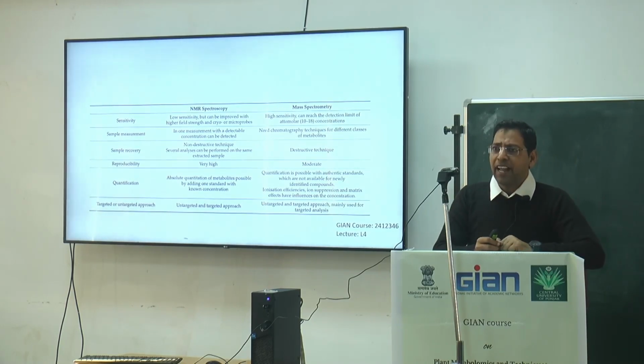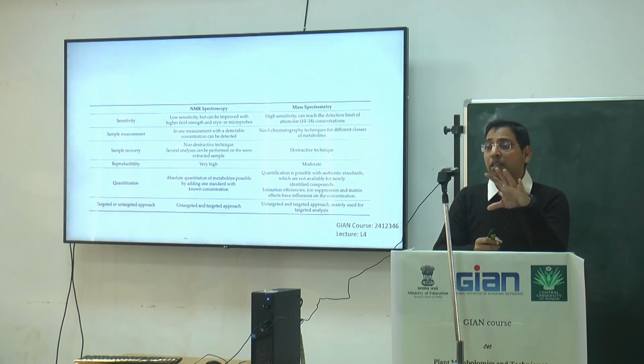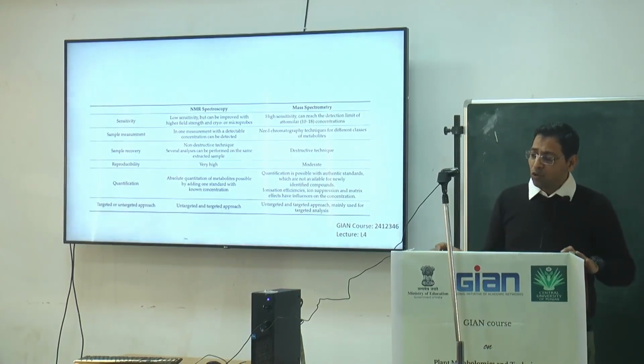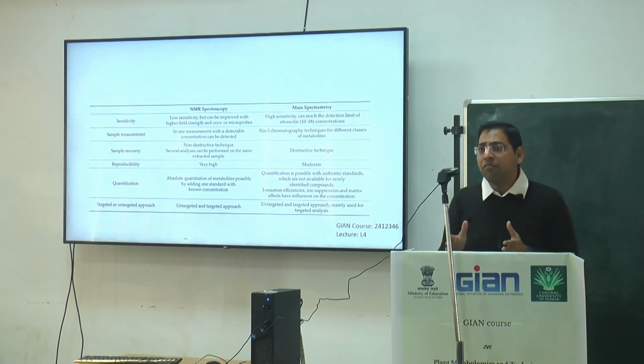Now, the targeted and non-targeted, these two words were covered by Professor Jain in yesterday's class. Targeted and non-targeted are just two different types of class. As I know, the best work in metabolomics was developed by Professor Penn's laboratory from the USA. He was the father of plant metabolomics. Targeted are those metabolites which you know you want to investigate in your work.